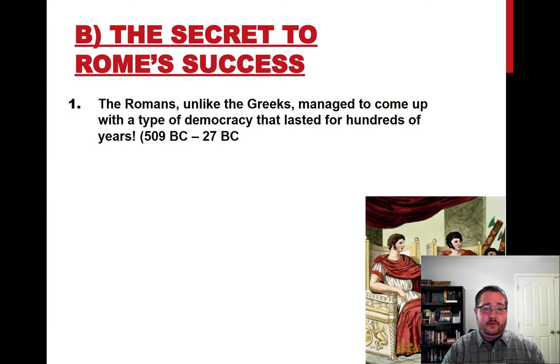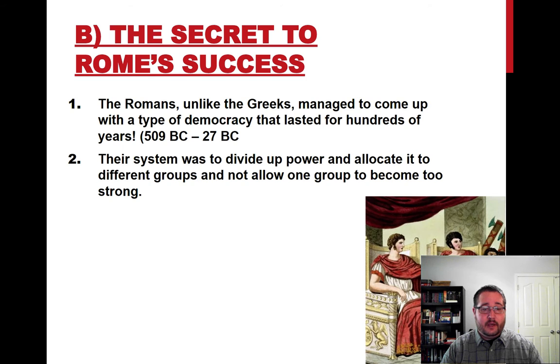Okay, the secret to Rome's success. So the Romans, unlike the Greeks, come up with a form of democracy that lasts much longer. Hundreds of years, from 509 BC to 27 BC, when Octavian Caesar becomes Caesar and takes over Rome as the first emperor, becoming Augustus.